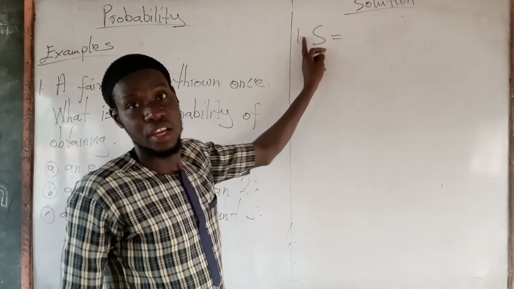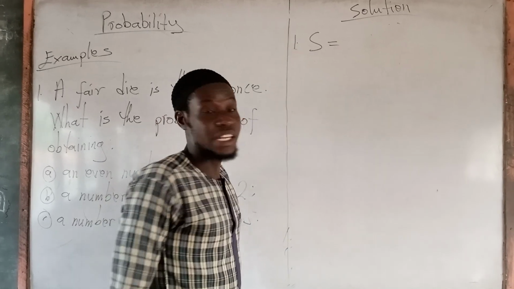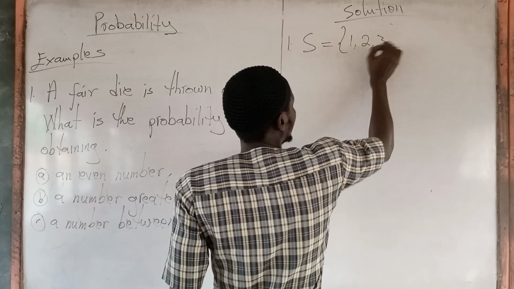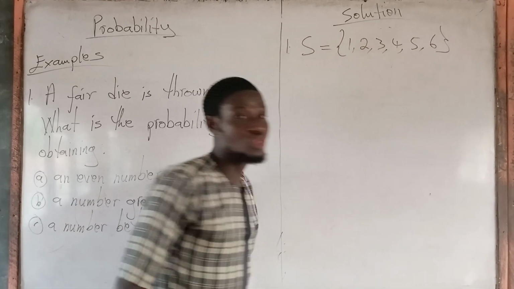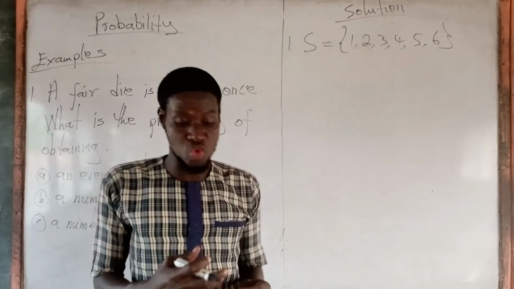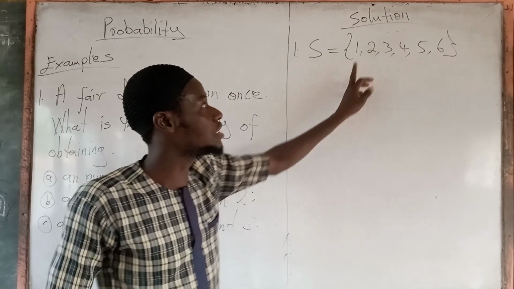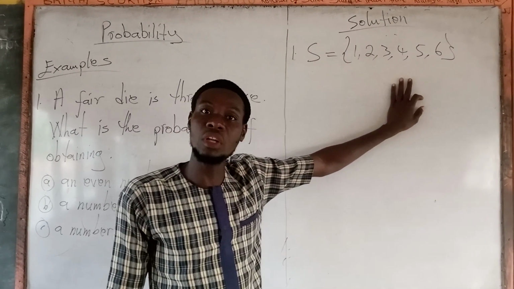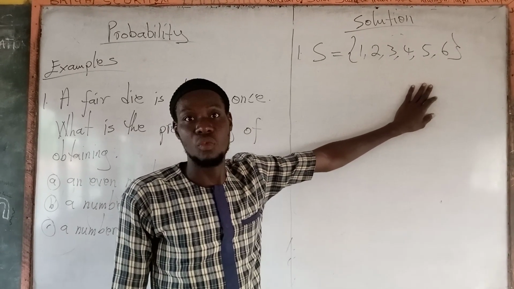Let's represent it with capital X. The sample space for throwing a fair die once will be 1, 2, 3, 4, 5, 6, because these numbers are on a die, and so they are all possible outcomes for throwing the die once.